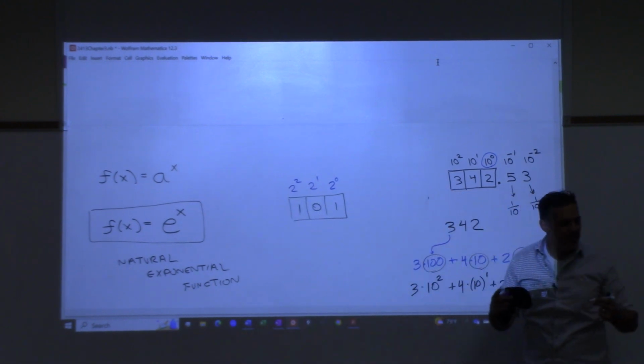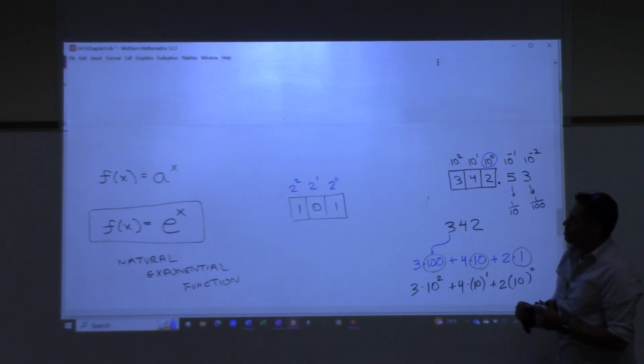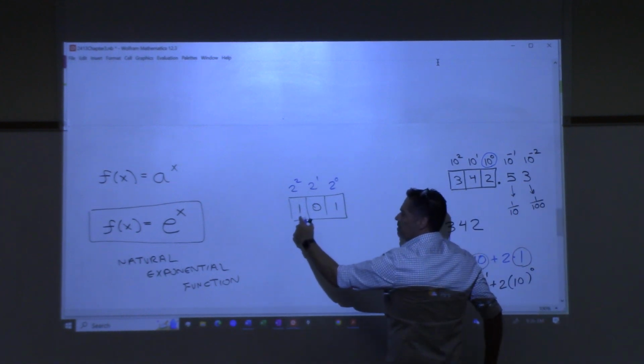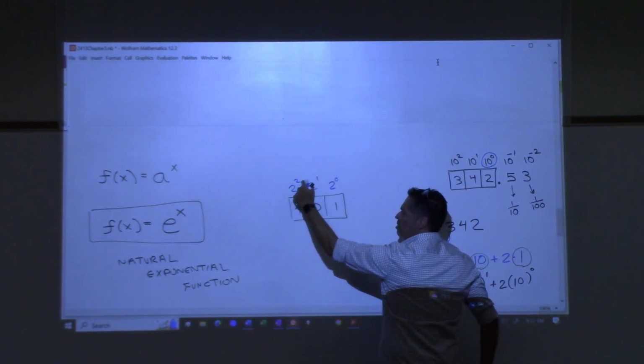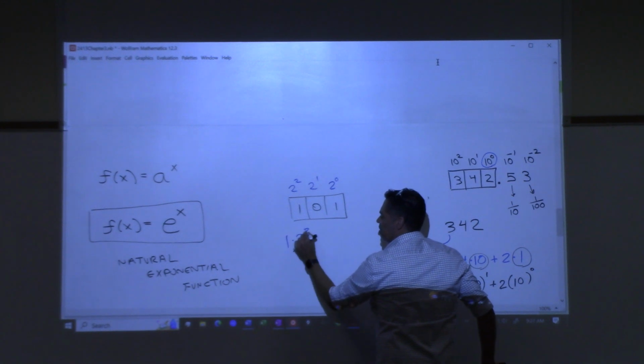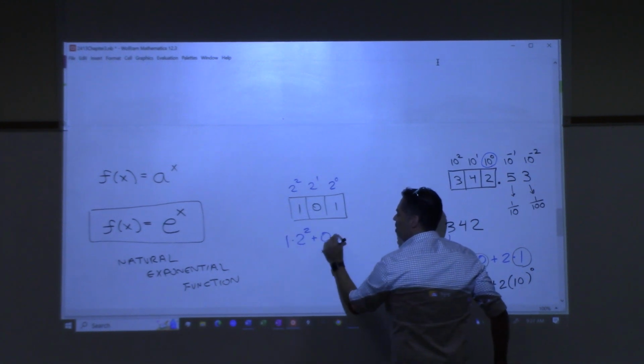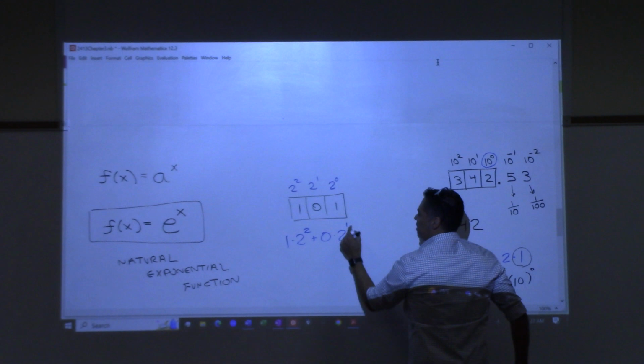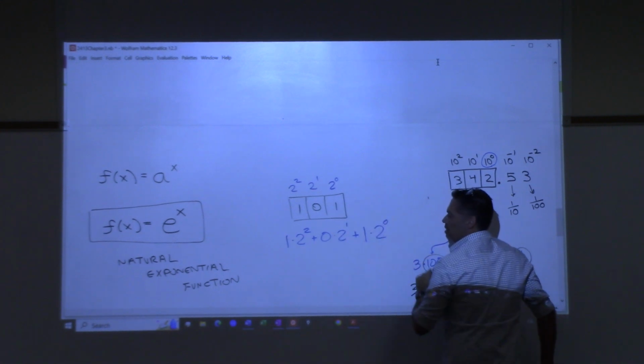Does this make sense at all? So this is really, I have 1 two to the 2, plus I have no 2 to the 1s, plus I have 1 two to the 0s.